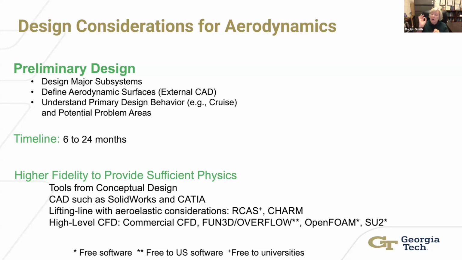Use the higher level CFD only where absolutely needed. You probably don't have a lot of time. Computational resources is an issue, but you will likely start getting into running some of these higher level points where the physics dictate. So here are some options that you might have, again noting some of the things that are free or open to people with different considerations.